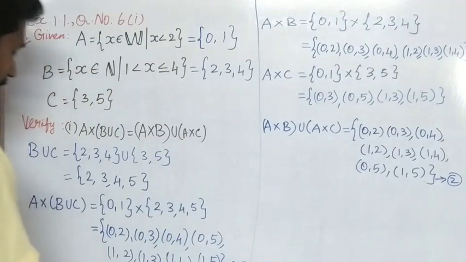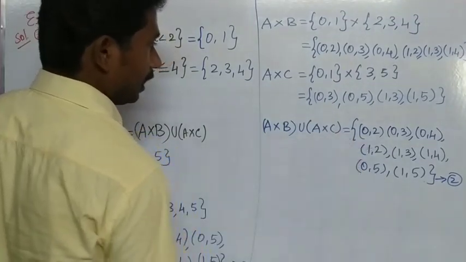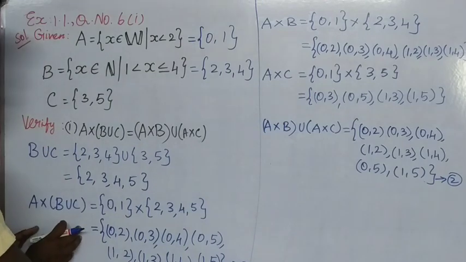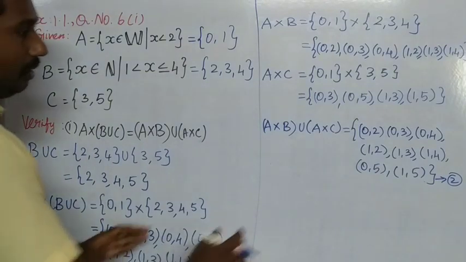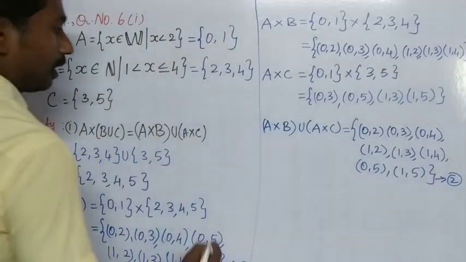All the elements of A cross B union C are in A cross B union A cross C. So all the ordered pairs in A cross of B union C are in the ordered pairs of A cross B union A cross C. So both are equal.